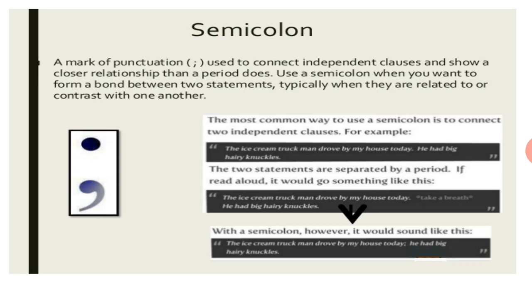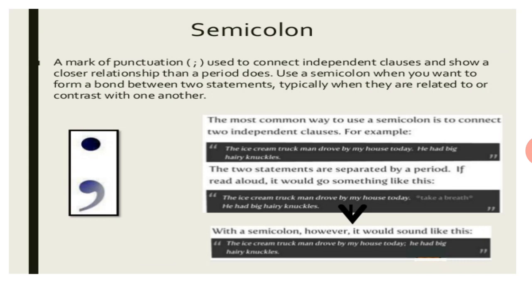If read aloud, it would go something like this: the ice cream truck man drove by my house today. Okay, and then take a breath, and he had big hairy knuckles.